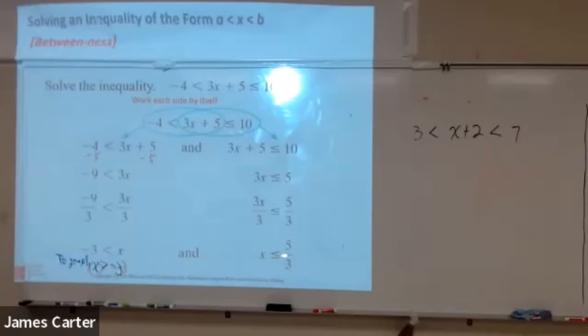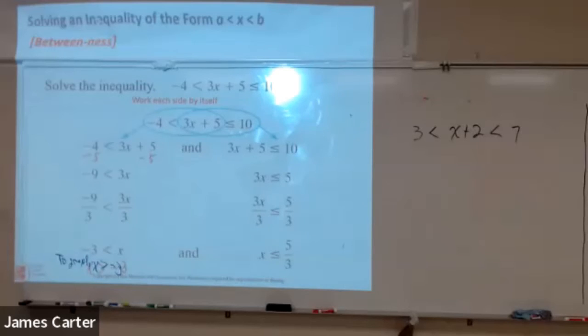Well, that one's already got the x on the left. The only reason you're flipping it is to show which way the arrows will go. With x on the left side of the inequality, it shows you which way your arrow is going, which way your line is going to go. He's correct. On this side, the arrow is going to go this direction. On this, where the x is on the left, the arrow is going to go that direction.